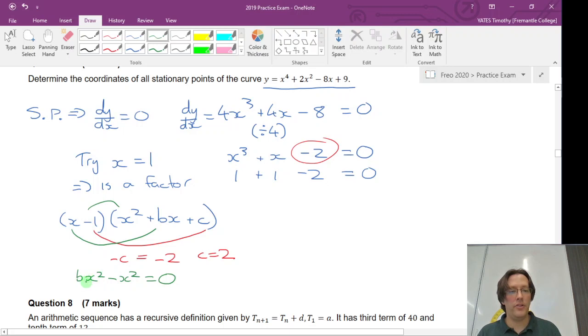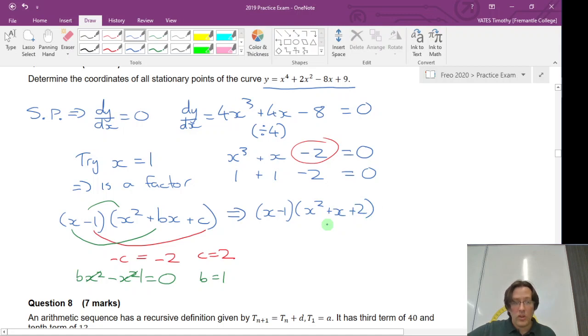And so b is going to be equal to 1. So x squared take x squared is 0. Or you can take these out entirely and just do b minus 1 equals 0. B is going to be 1, which means what I've got is x minus 1, and we've got x squared plus x plus 2.